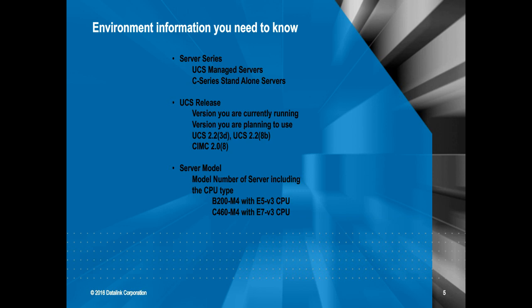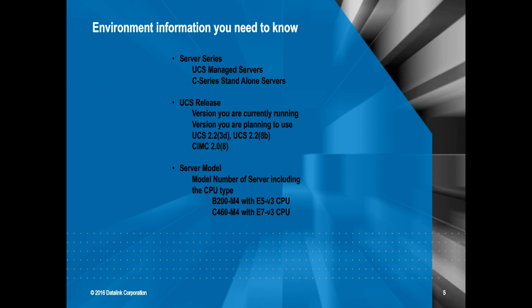You'll also need to know your UCS release, the version that you're currently running, or the version you are planning to use. As an example, you'll see UCS 2.2.3D or UCS 2.2 8B. And if you're using the C-series standalone, you'll see items like CIMC 2.0 or higher.